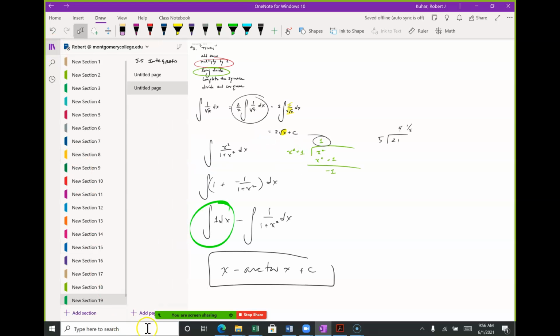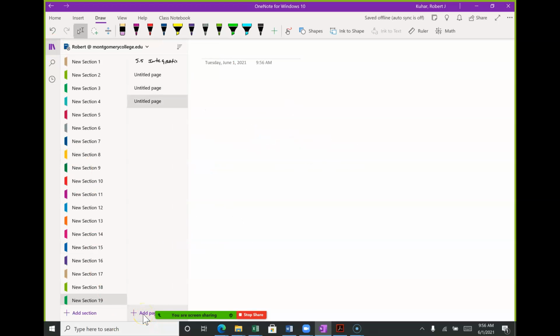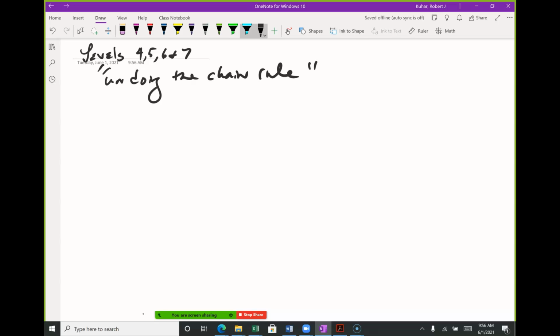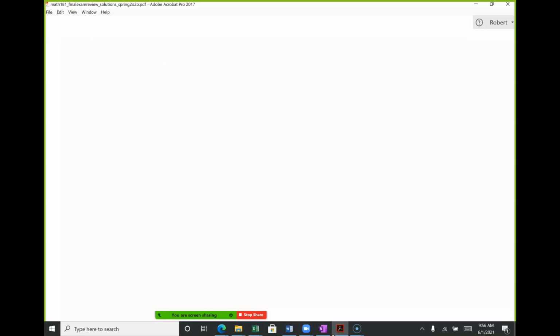Okay, so our next 4 levels are 4 levels of U subs, of undoing a chain rule, right? And again, who cares about my levels? Okay. And we're talking about undoing the chain rule, also known as U subs.